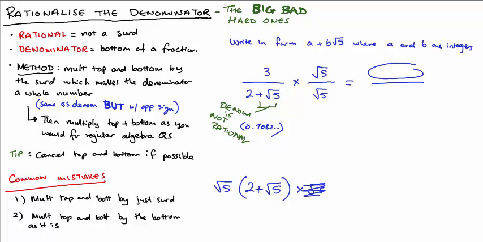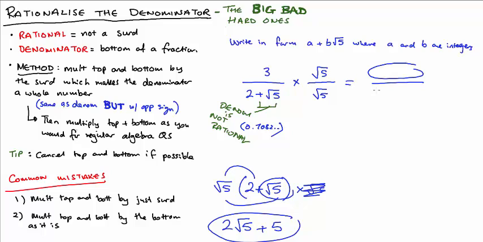So it's a single bracket multiplication. When we do that, we get 2 root 5 plus 5, because root 5 times root 5 is 5. So it's great, we rationalized that bit. But obviously we also had to multiply this 2, so that makes it 2 root 5 plus 5. So that's not worked, because we still got a third. So don't do that. That's a common mistake.